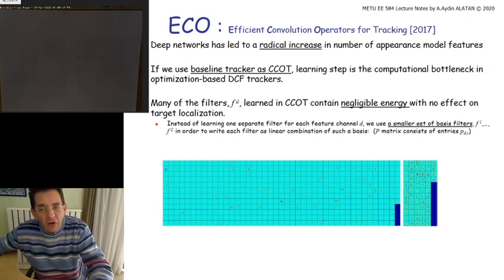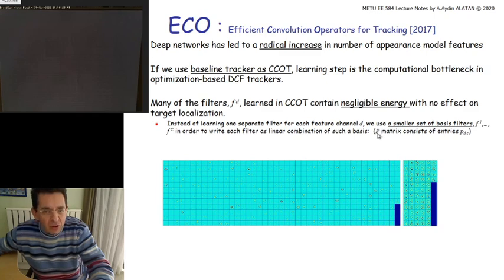Therefore, the authors, again the same authors from Linköping University, try to have a smaller set of basis filters like these filters here, with a limited number. We are writing every individual filter in terms of these filters. Okay? Therefore, what we are trying to aim is this. Instead of calculating all these filters, let's have a smaller filter set like this one, and obviously some P matrix, which says with which combination we have to add them to obtain one of these things.